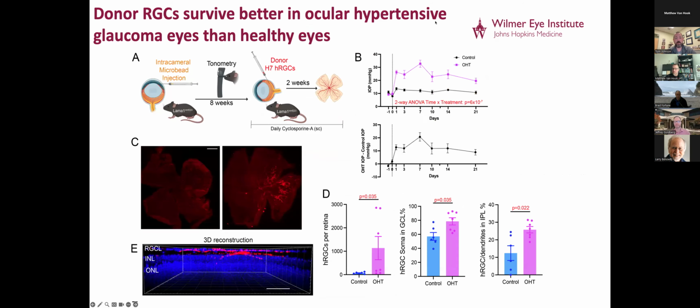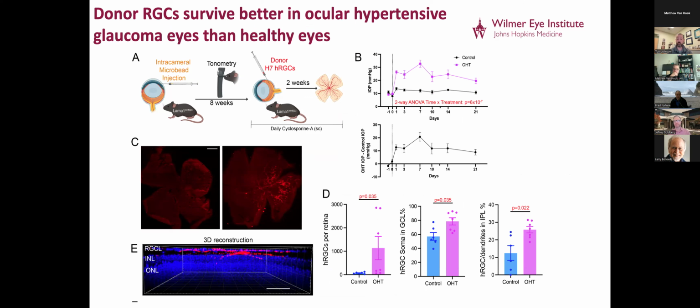And then as a final point, just to add on to what Jeff was saying about transplanting after optic nerve crush, we've done this after both optic nerve crush and microbead-induced ocular hypertension as a model of glaucoma. And interestingly, our findings in optic nerve crush mirror very much what Jeff was saying.